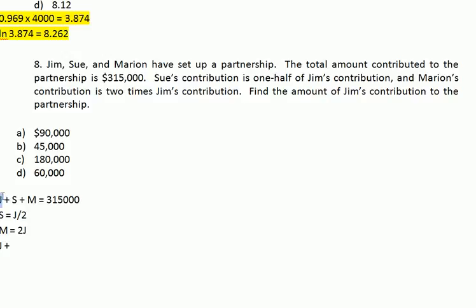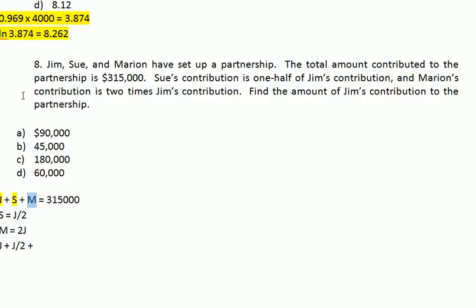I'm rewriting the first equation in terms of what I now know. There's our first J. Now S equals J over 2. So instead of writing S, I can write J divided by 2. It's the same thing. We don't know what it is, but it means the same thing.